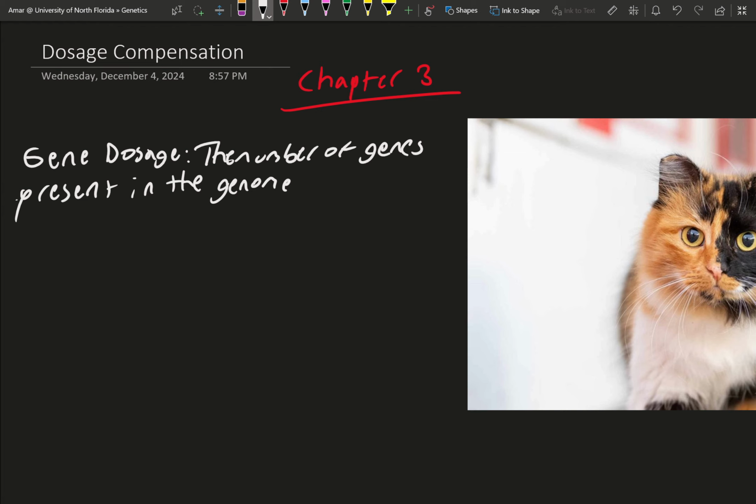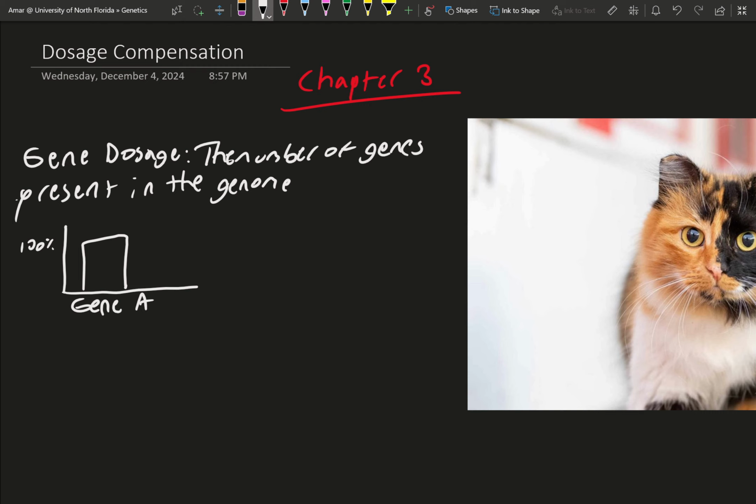The way this works is, let's assume that every gene has a certain amount of function that it gives off. So let's say gene A gives off 100% of function, so it'll be something like this. Oh, that was a bad bar graph. So yeah, let's assume that'll be gene A.